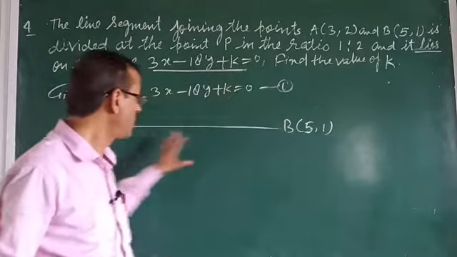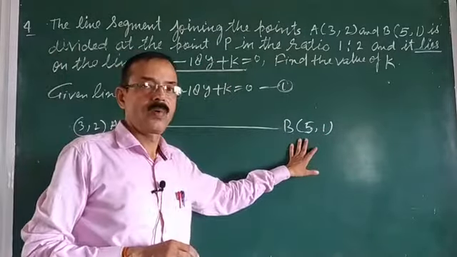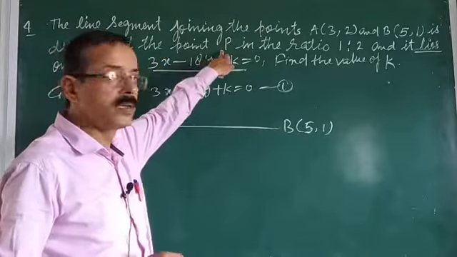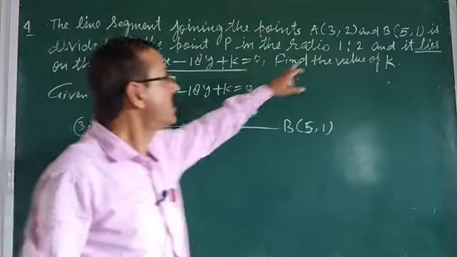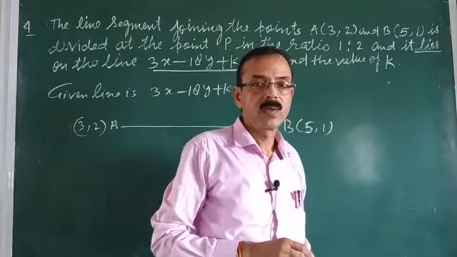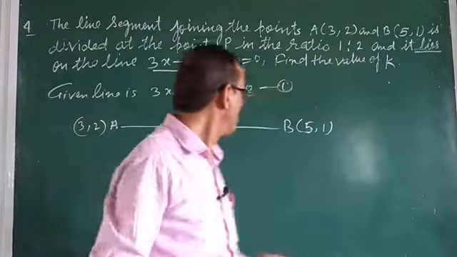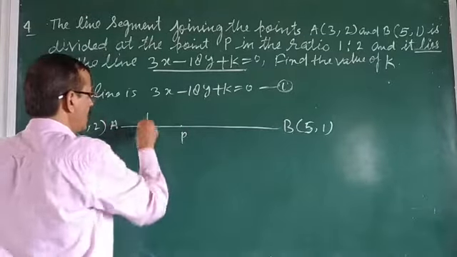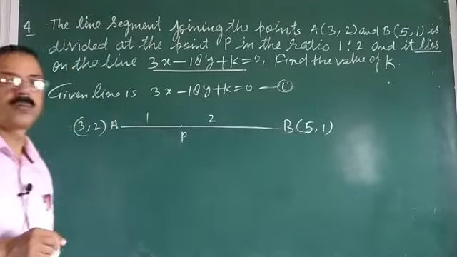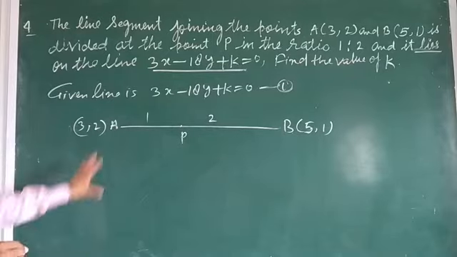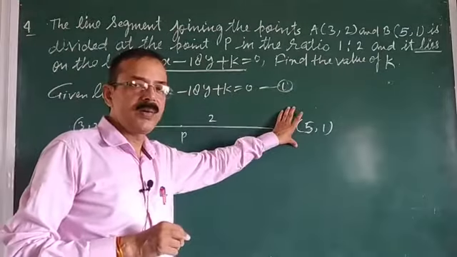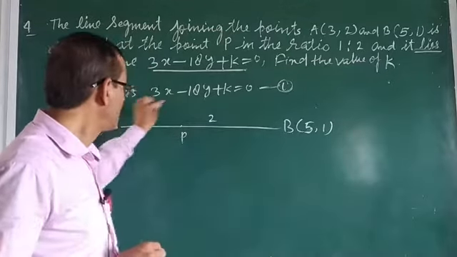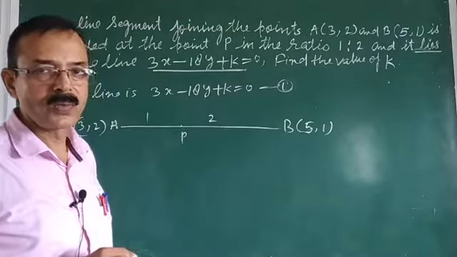If you join these 2 points A and B, we will get a line. On this line, a point P divides in the ratio 1:2. Suppose P is anywhere on the line. A and B are 2 points given. A point P divides this line in the ratio 1:2.